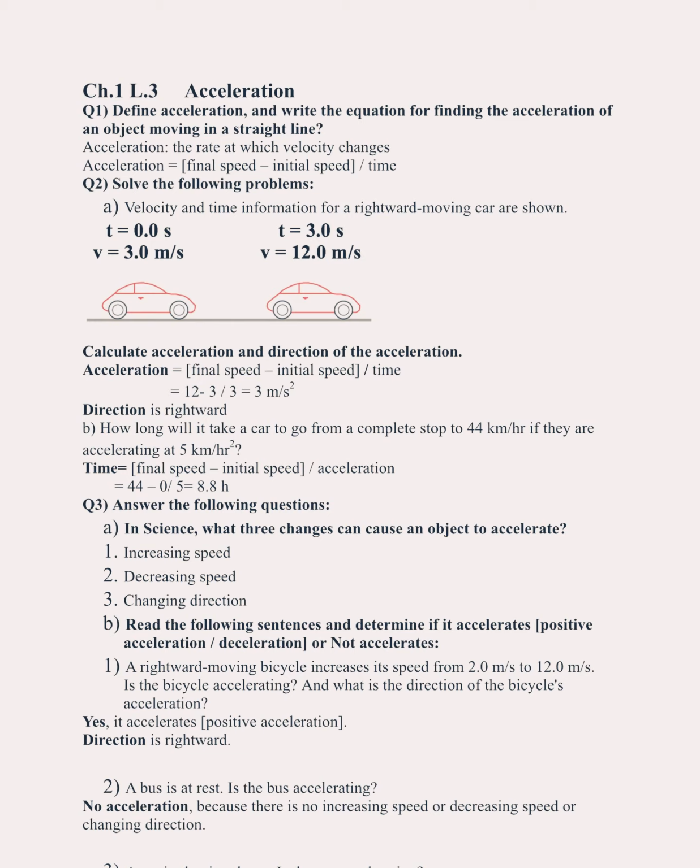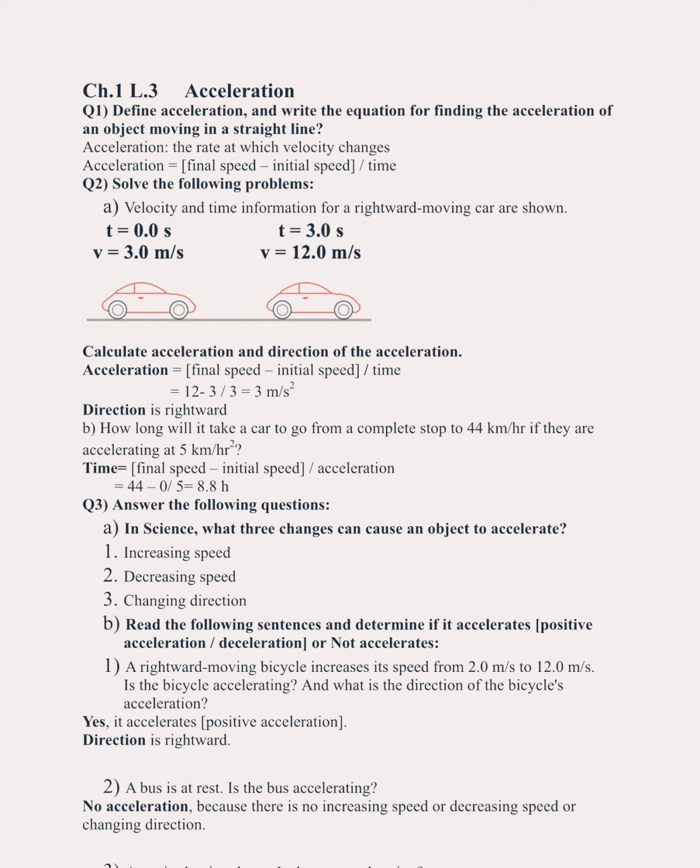As we said, acceleration, which is known, equals final speed minus initial speed, which are known too, divided by time, which is the unknown. How can I get the unknown, which is time? You will divide final speed minus initial speed as a whole unit by acceleration. What is the final speed? 44. What is the initial speed? It equals 0 because the car was going from a complete stop, right?